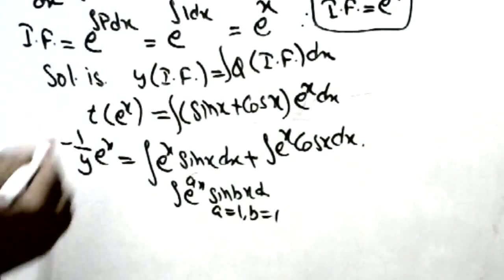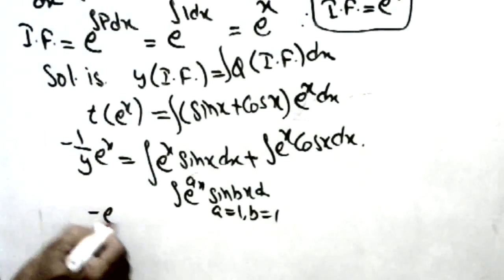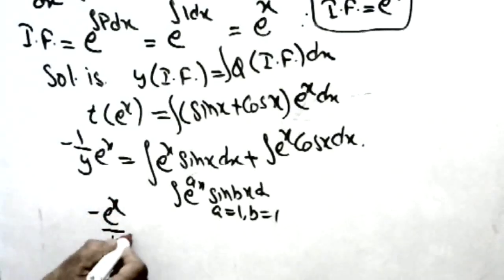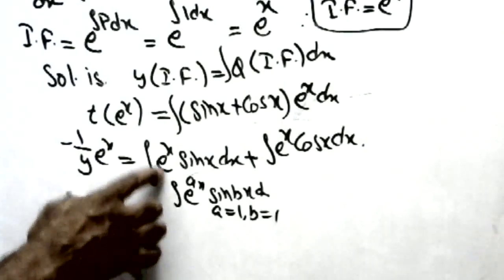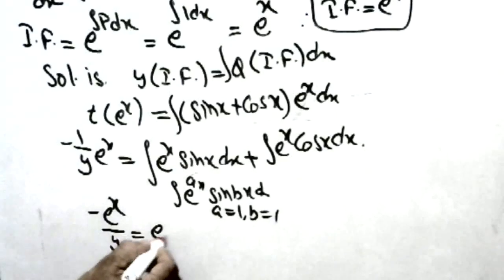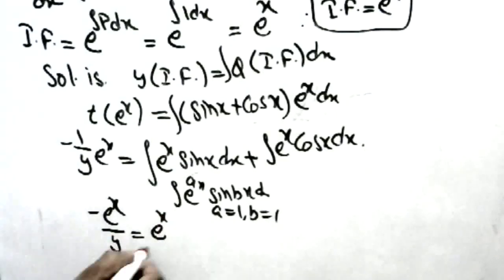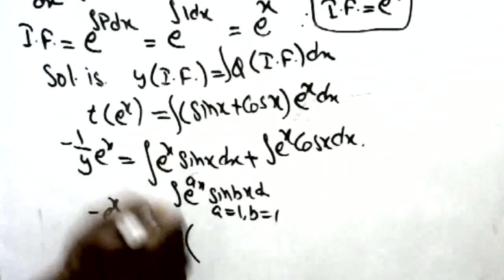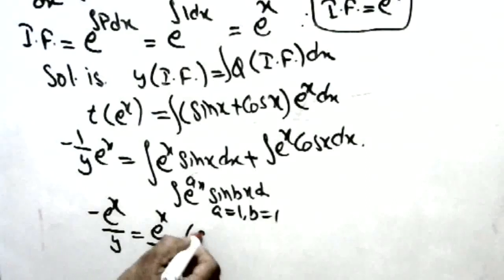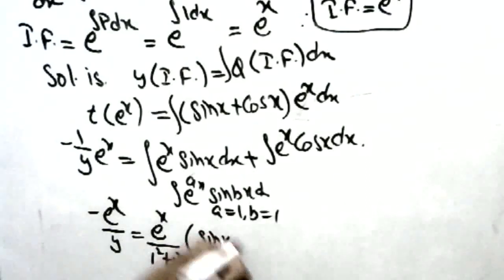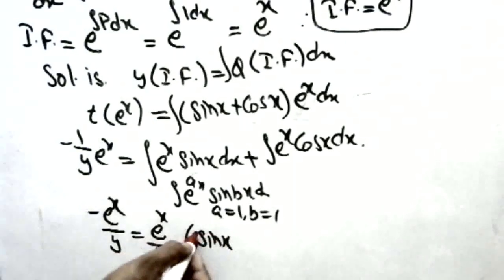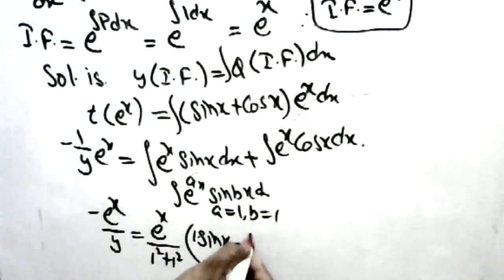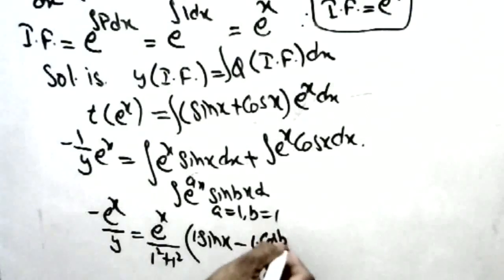In the first part we have seen the formulas for e power x. Let me substitute this: minus e power x by y equals, now what is the formula of e power ax sin bx? It is e power ax by a square plus b square into a sin bx minus b cos bx. A is 1 and b is 1.